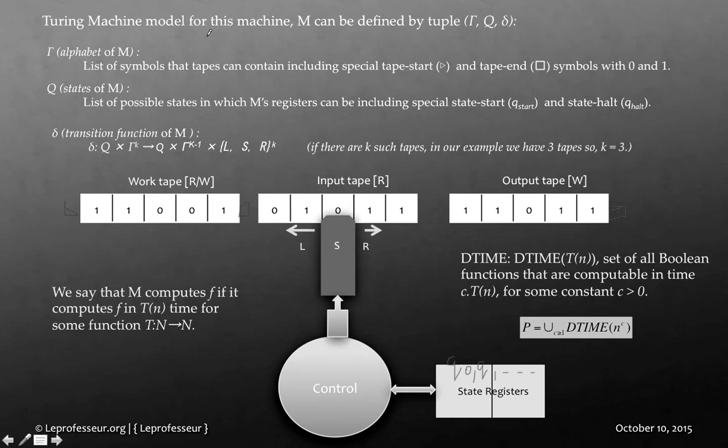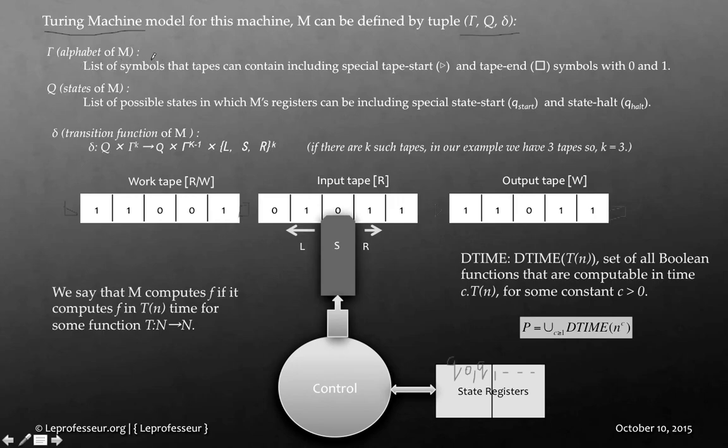Now how can we say what is the Turing machine of this model? We can define the Turing machine by this tuple, gamma, Q and delta. So what is gamma? Don't get confused too much, it's an alphabet.